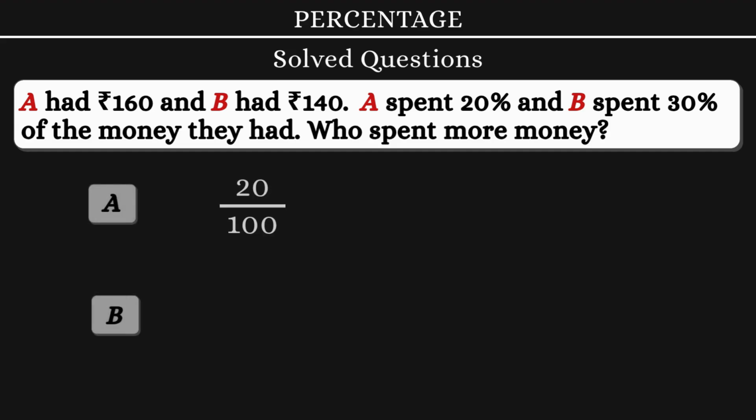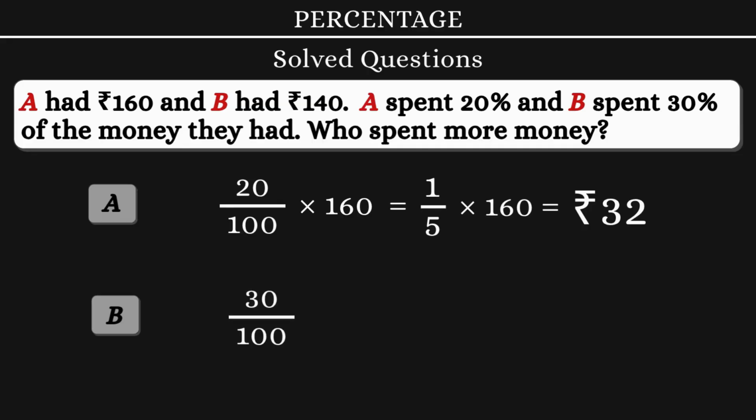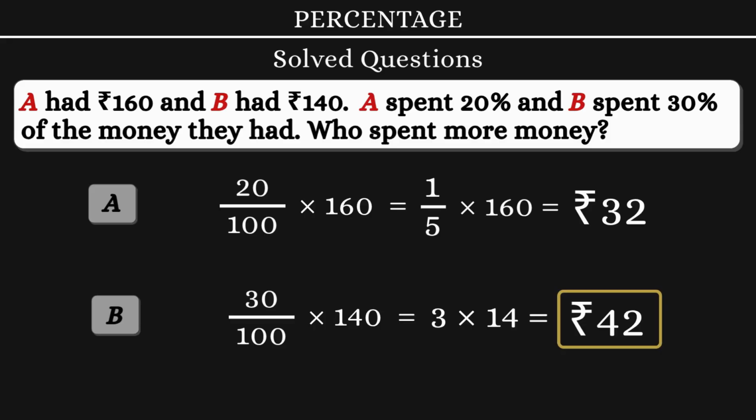A spent 20% of 160 rupees, which is 32 rupees, and B spent 30% of 140 rupees, which is 42 rupees. So clearly B spent more money than A.